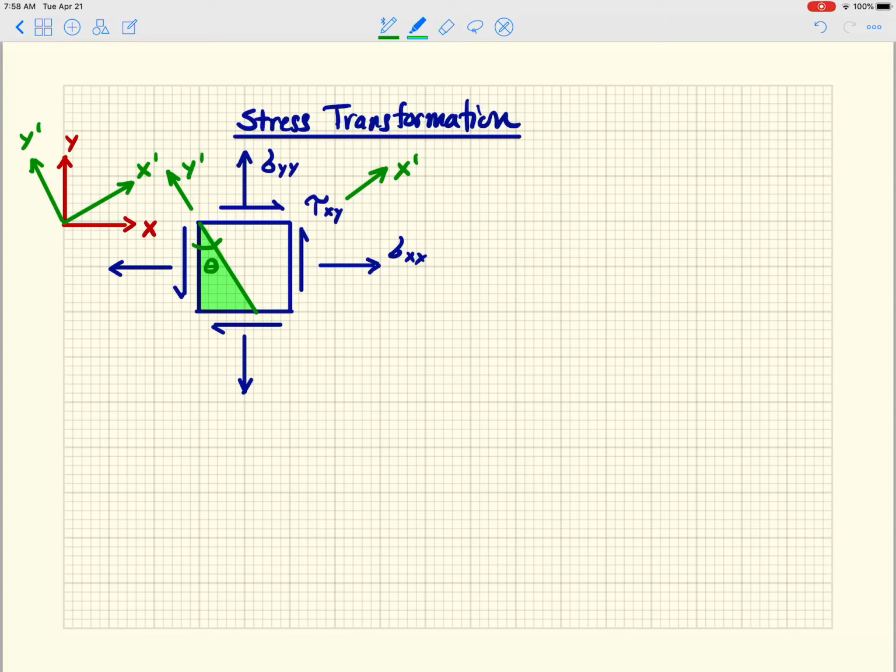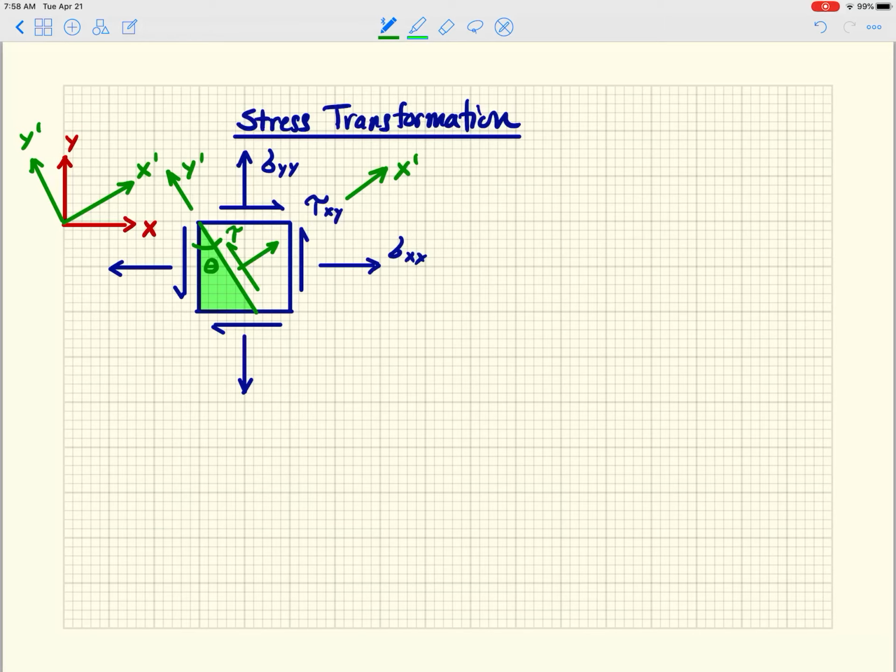And now what I want to solve for are the stresses that are along this, so my stress that's along there, and then perpendicular to there.